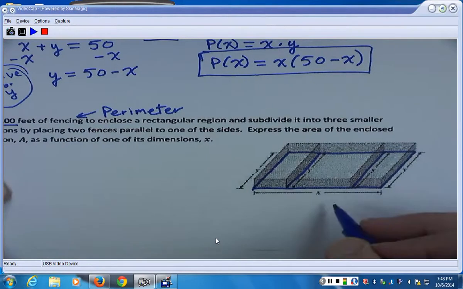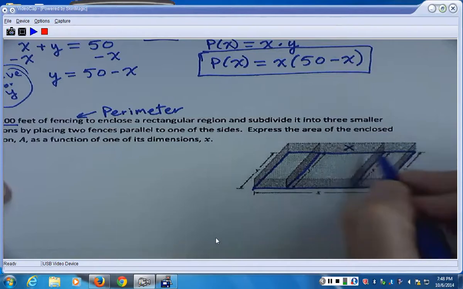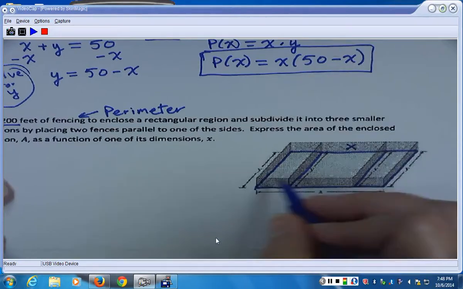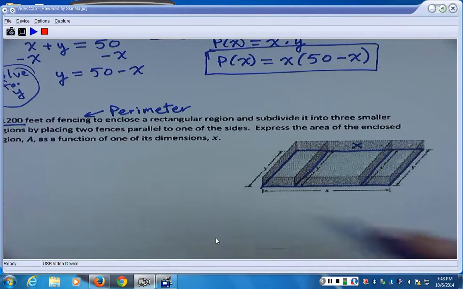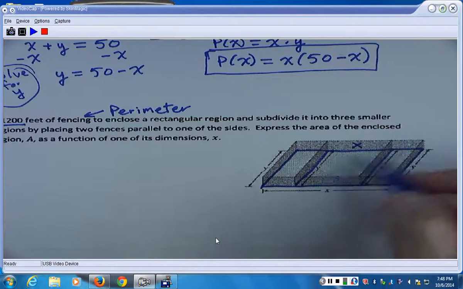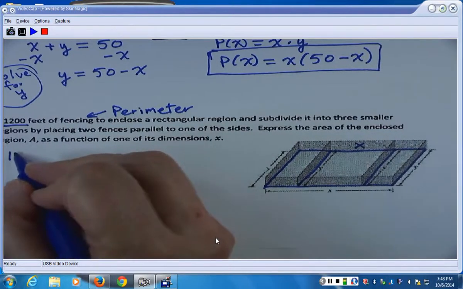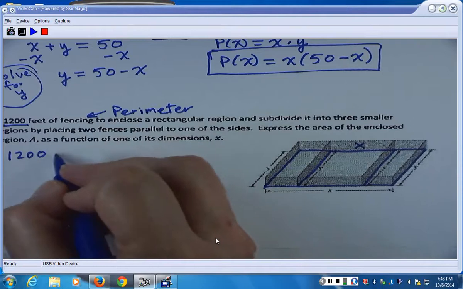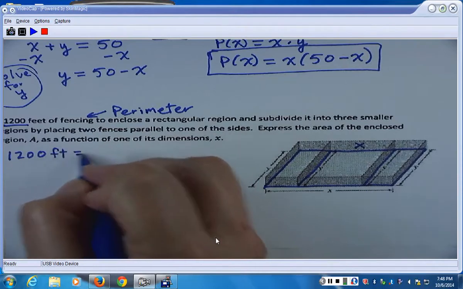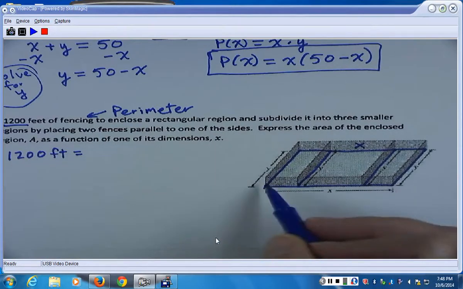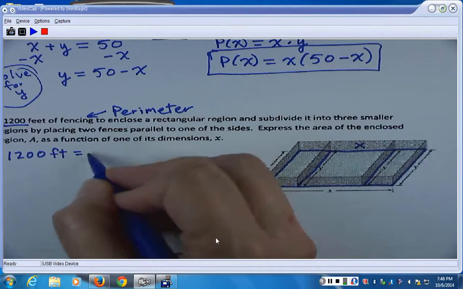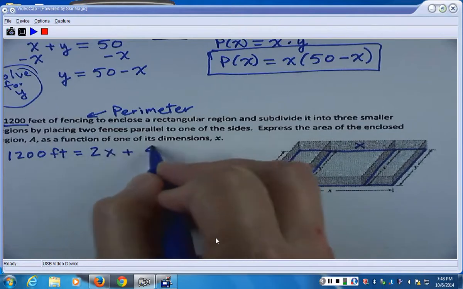What do we got here? We got an x, and we got an x here. We got 4 y's. So the perimeter of this thing with the extra fences in it, 1,200 feet, is you got 2x plus 4y. Right?